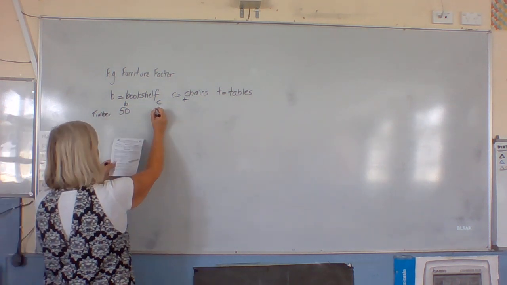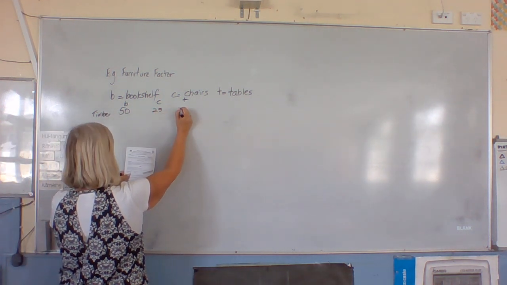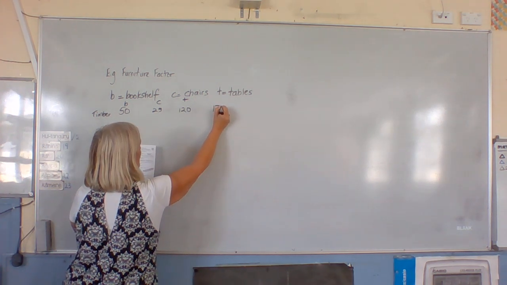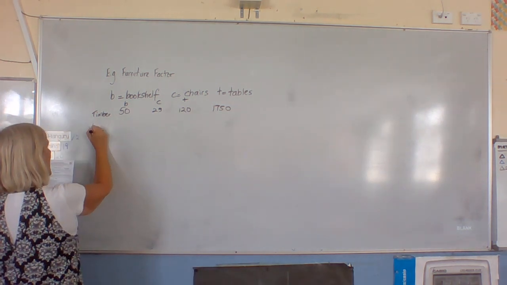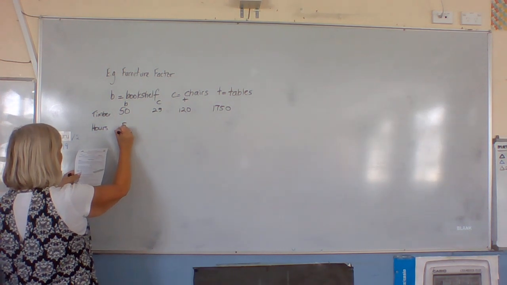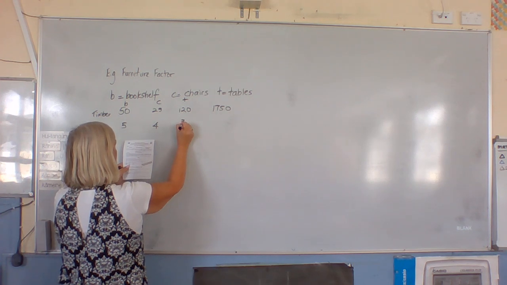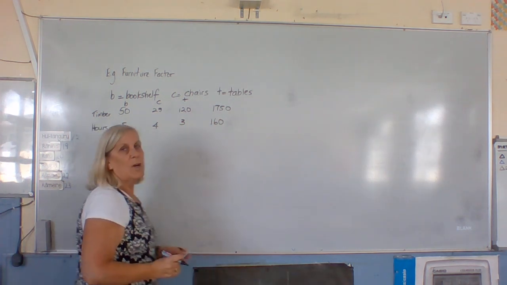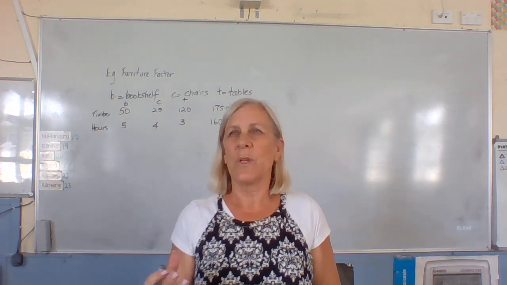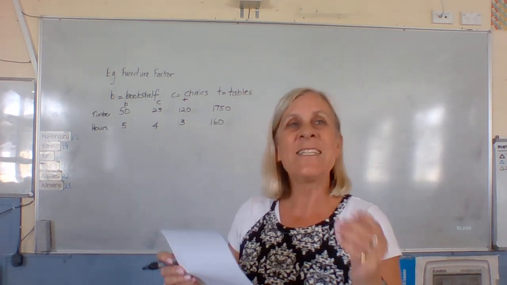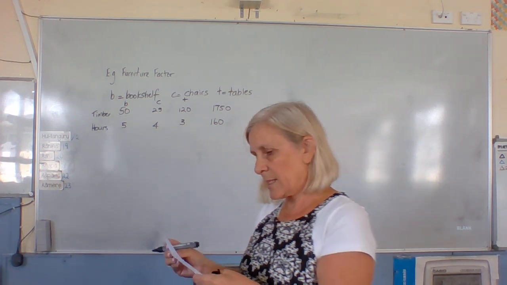We've got 50, 25, and 120, and we've got at maximum 1750 metres. For hours, we've got 5, 4, and 3 with a total of 160 per month. All right, so we've got these two. The problem is we haven't got another one.